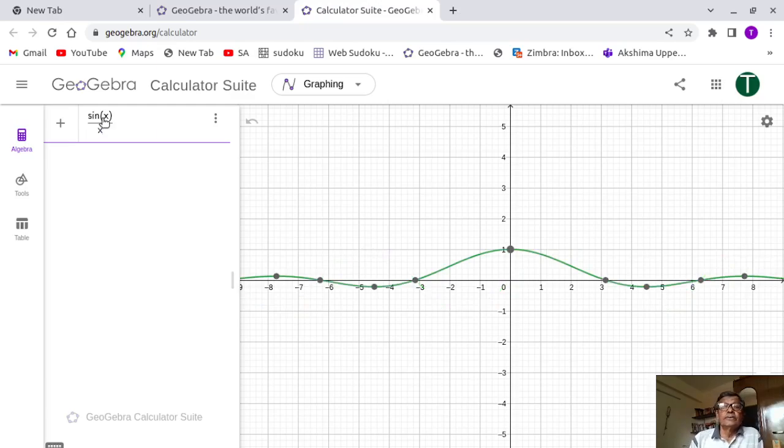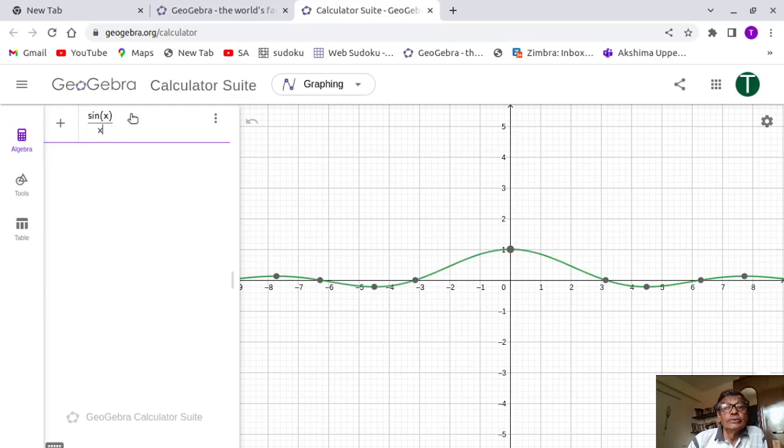This is a function, okay, and it looks like a sine wave, but its amplitude really gets damped out, not by any exponential function, but by x itself.